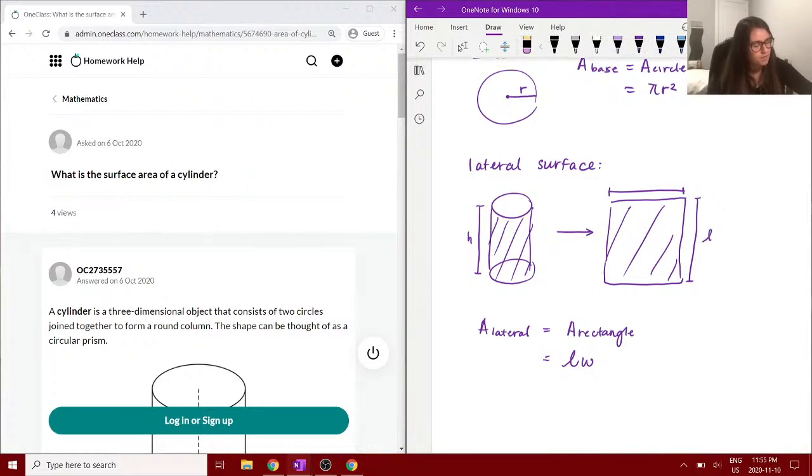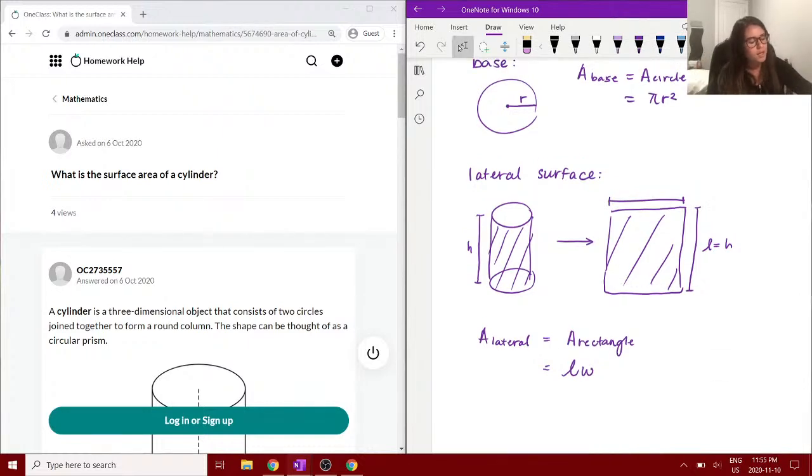So if we have length here, well, we know it's height, as we saw previously that the height of the cylinder is h, and so the width of this rectangle is the same thing as the circumference. It's just the same, just unrolled, right?